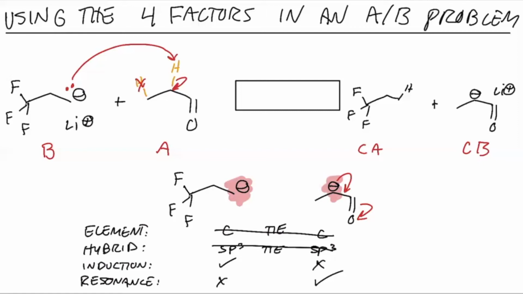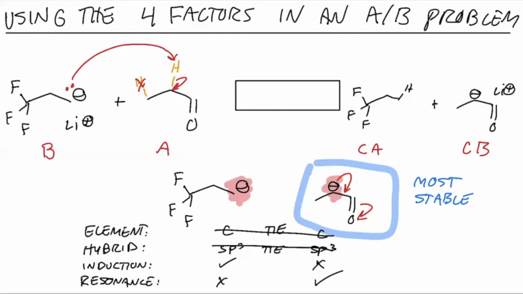Whereas with induction, you're slowly pulling the iced tea through a big old crazy straw. It's just not as strong. So in this case, resonance is absolutely going to win out and make this conjugate base, let's grab a blue color here, the most stable conjugate base.